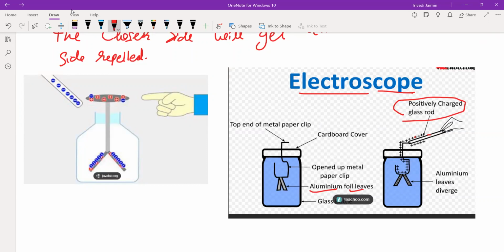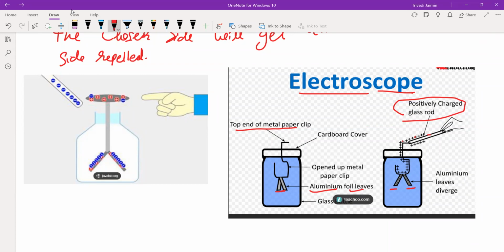To understand the charge, we use the electroscope and place the rod near this metal clip. When it is touching that clip, the foil will start moving away. See, without touching, it was just hanging here, and it moved away. Can you see the difference? Yes, sir. Okay. It shows that the rod is positively charged.